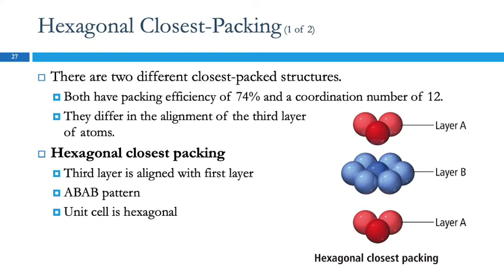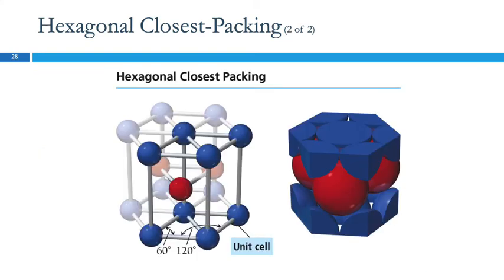The unit cell here is not cubic, it's actually hexagonal. So here's the unit cell, the smallest that contains a representation. And the angles here are 60 and 120 instead of 90 degrees. If you took this whole thing and cut it all up, you can see where the hexagon comes from, right?